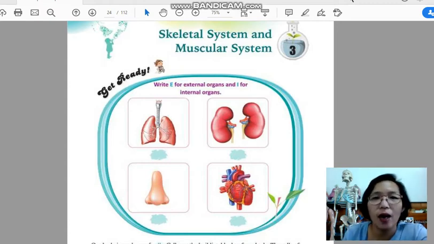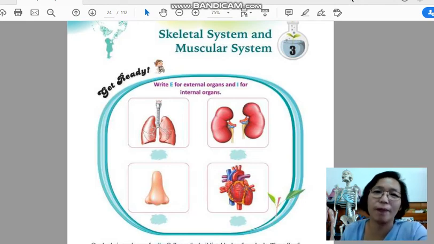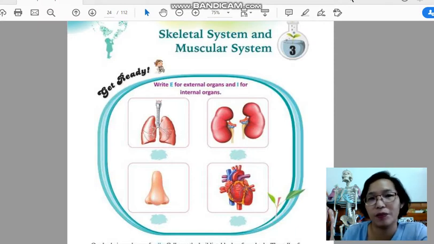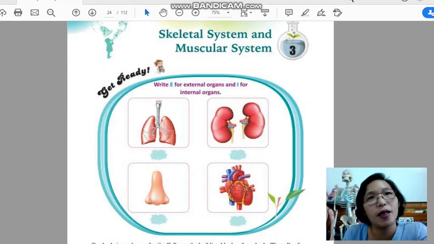As you know, there are two types of skeletal system, endoskeleton and exoskeleton. I will give you an example of the exoskeleton.